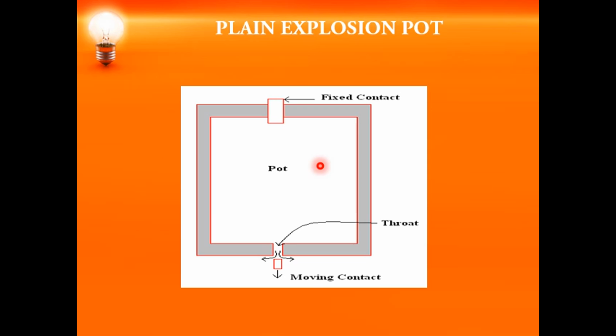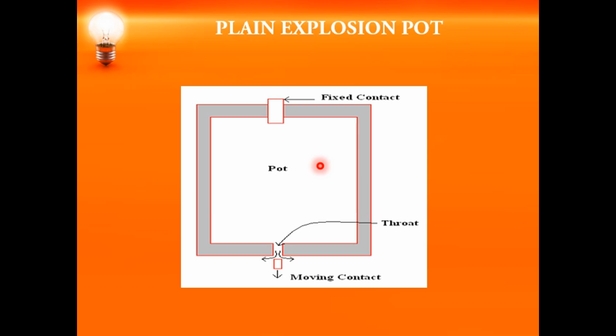Since the pressure is developed by the arc, the arc pressure depends on the magnitude of the current. If the current is of low magnitude, then the pressure will be low. If the current is of a high magnitude, then the pressure will be high.